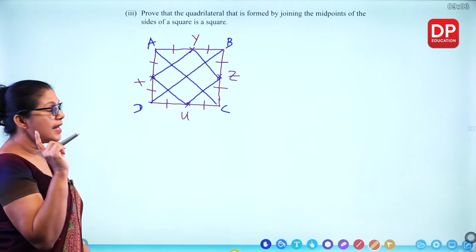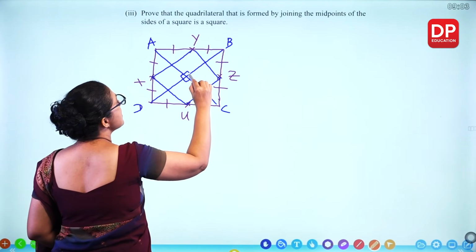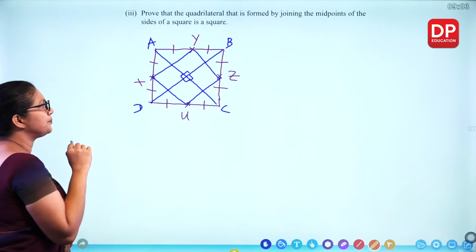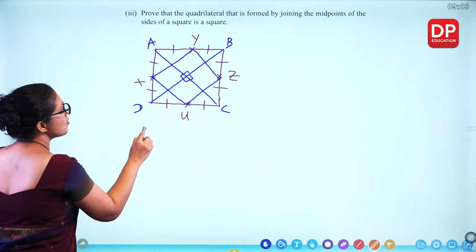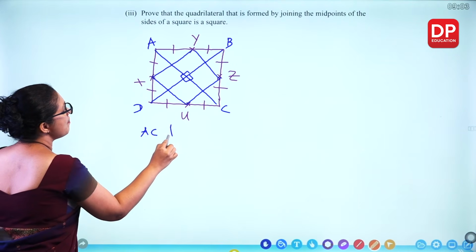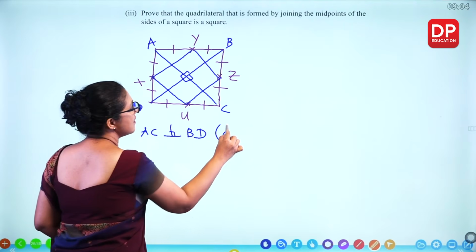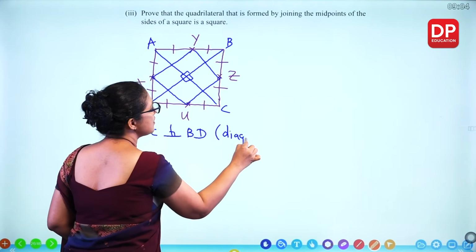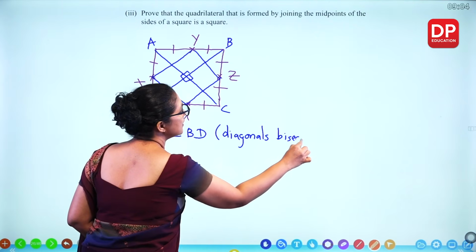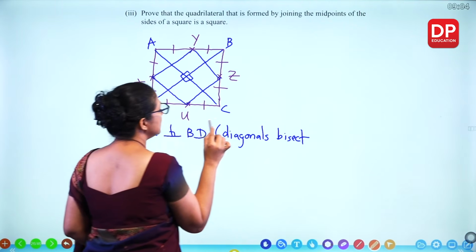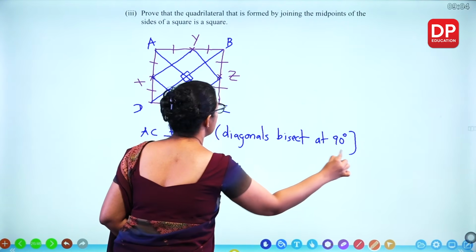We know in a square the diagonals bisect at 90 degree angle. So diagonals bisect. So AC is perpendicular to BD. We can write diagonals bisect at 90 degrees.